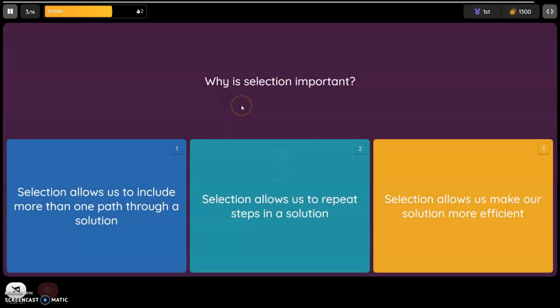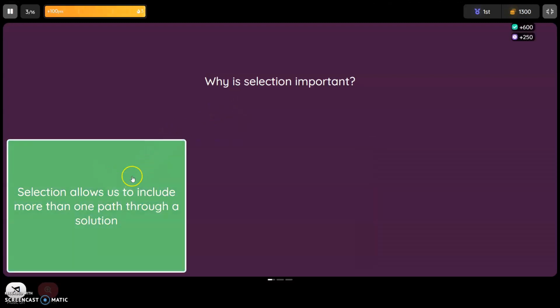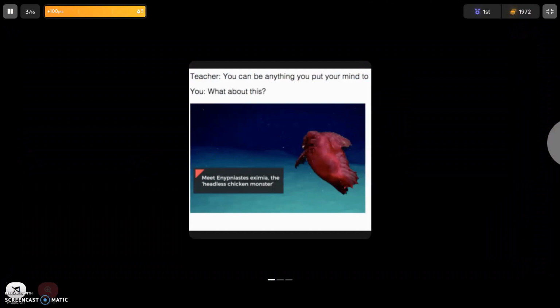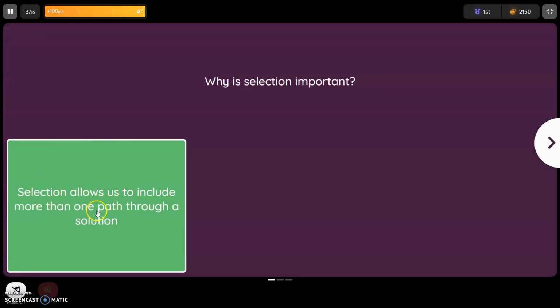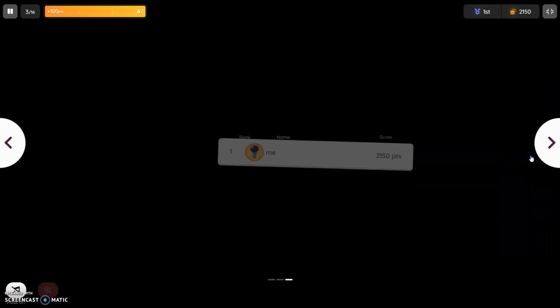Why is selection important? Because it allows us to include more than one path through a solution. We have many choices here.